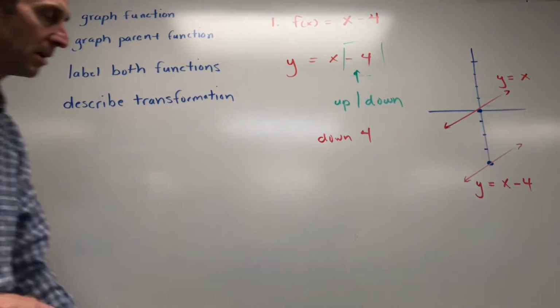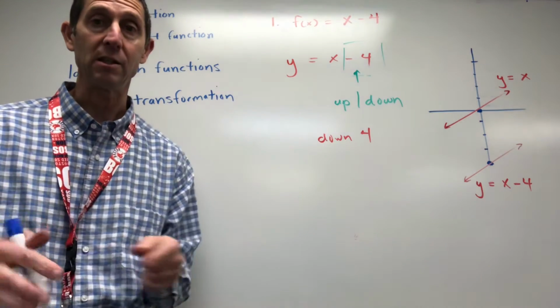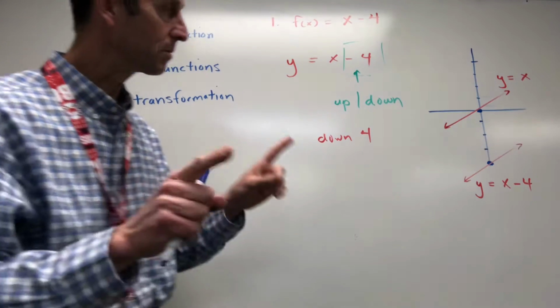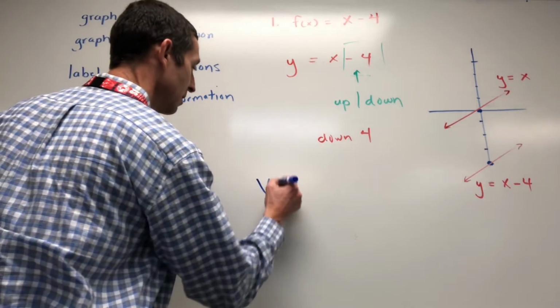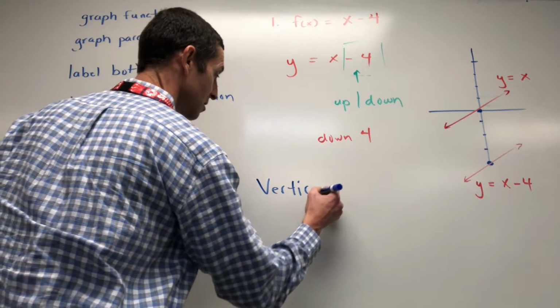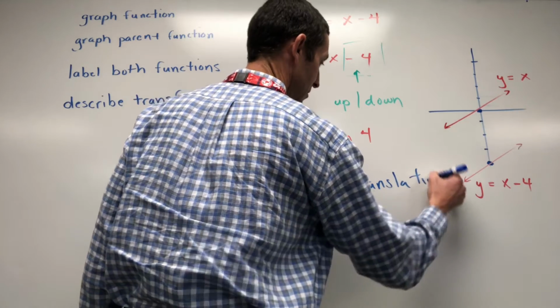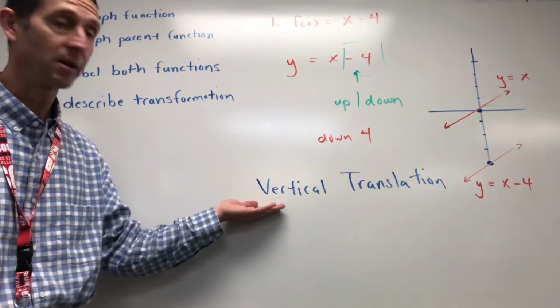Then you've got to talk about the transformation. Did we reflect this? Is it a translation that moves horizontally, left or right, or vertically, up or down? This one went down 4 spots, so it's definitely a vertical translation. So you've got to decide whether it is horizontal or vertical.